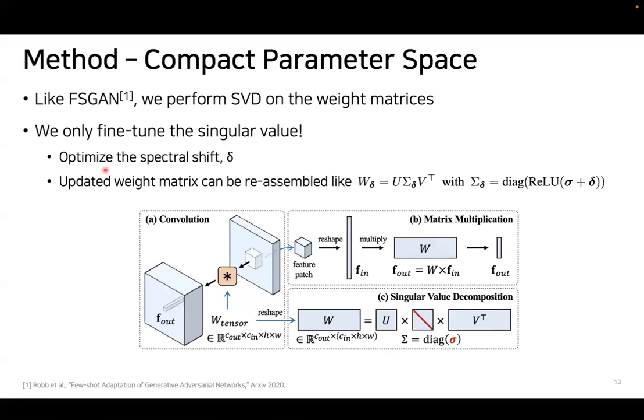And we optimize the spectral shift delta. Actually, the delta is the difference in the singular values. Then we update the model by optimizing the singular values, and the updated weight matrix can be represented like this: the diagonal term, ReLU, of the singular values plus the spectral shift.